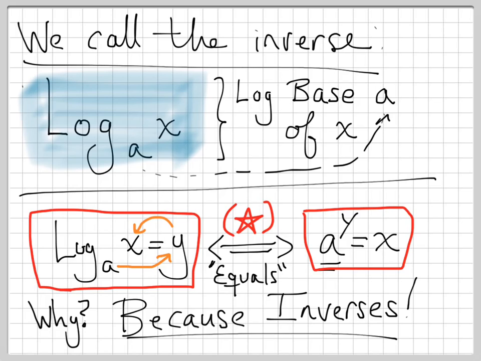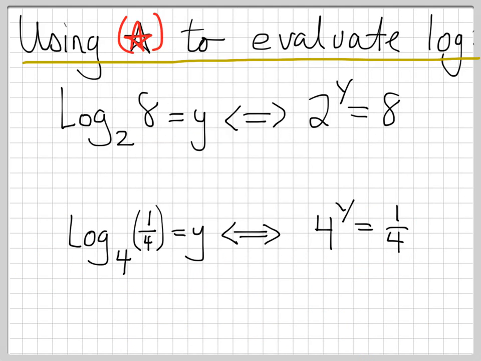Even though in a very evil fashion this looks like a to the x, you'll never have a to the x when you rewrite it. So if you want to evaluate log base 2 of 8 equals y, you can replace it with 2 to the y equals 8. And this becomes an equation like we've seen before. We have 2 to the y equals 8, which equals 2 cubed, which means y equals 3.